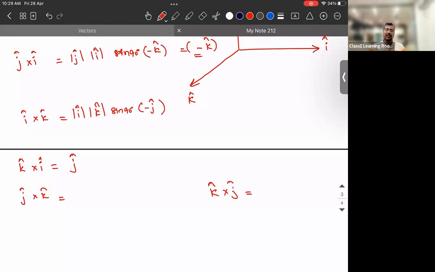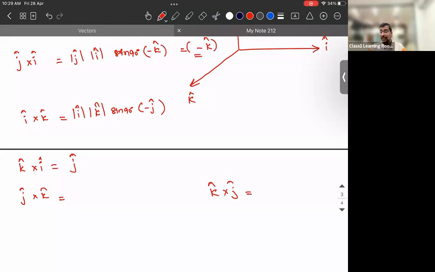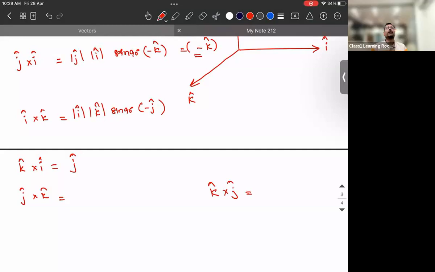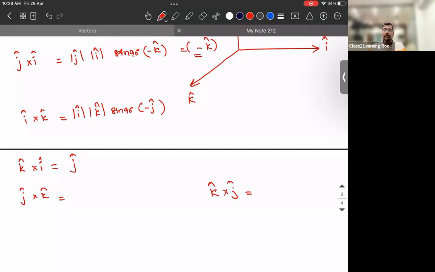So curl the fingers and see. From which side are you seeing? Are you keeping the pens on the left of your hand or right of your hand? Left. Okay.